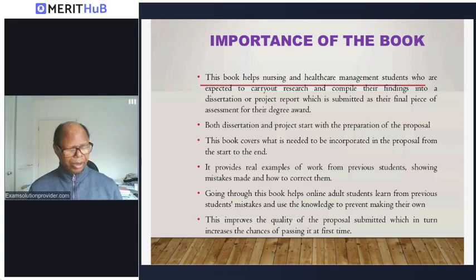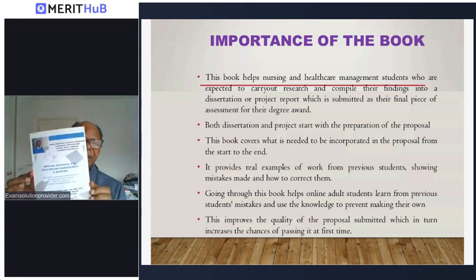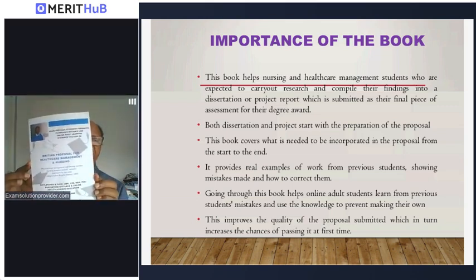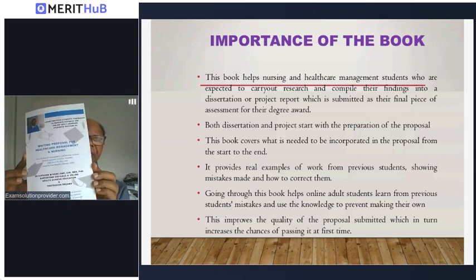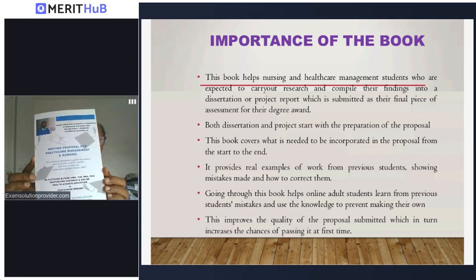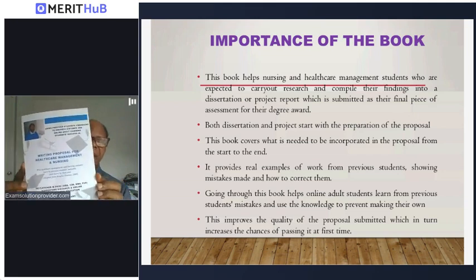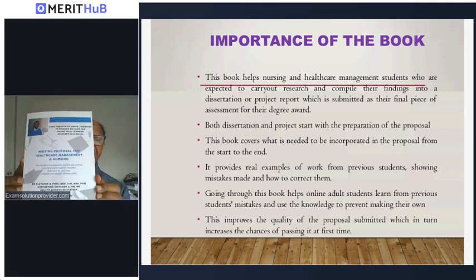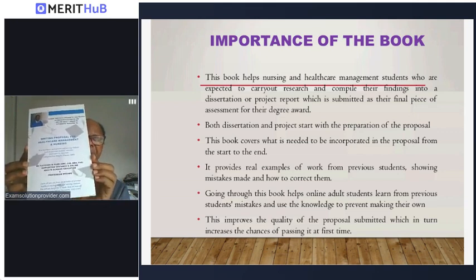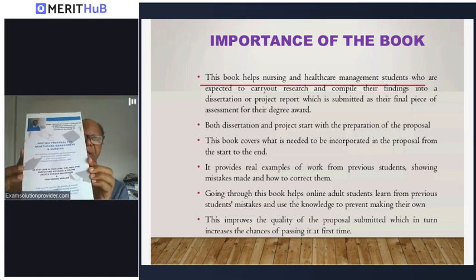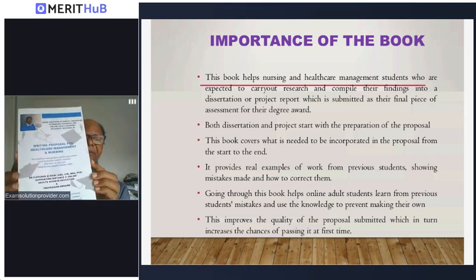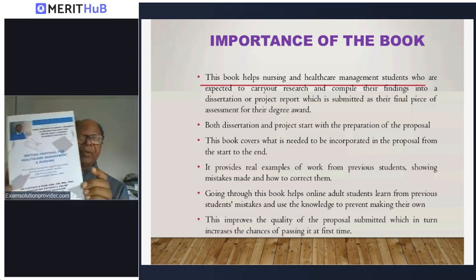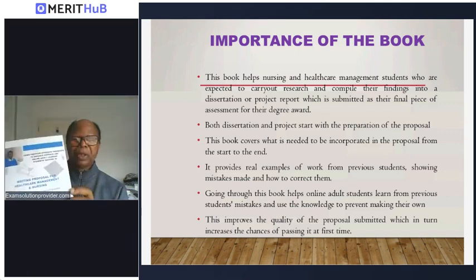So this is the main important reason why this book has been written: to learn from the mistakes of other students and then use that knowledge to improve your own work, particularly adult nursing students who probably have been out of academia for quite some time. Now they are returning because they want to pursue a nursing career. So they need support in terms of how to write proposals.